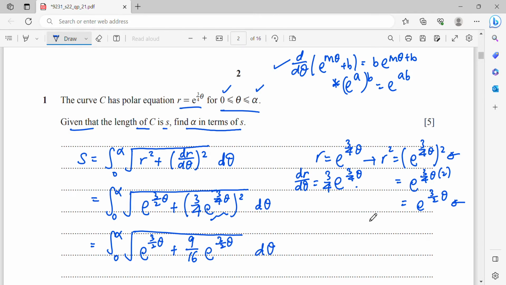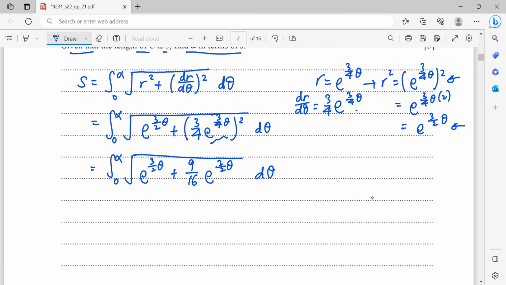Now when you simplify this, since they are the same exponential, the coefficient for the first term is 1. So I will just add up the two coefficients, 1 plus 9 over 16, and you will get 25 over 16. So 25 over 16 exponential 3 over 2 theta, with the square root.